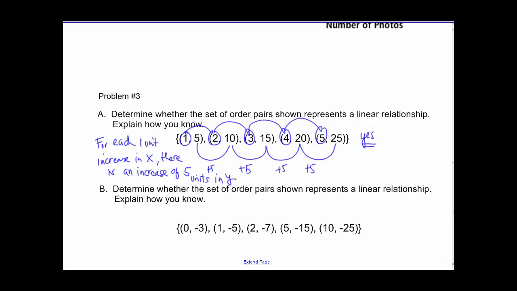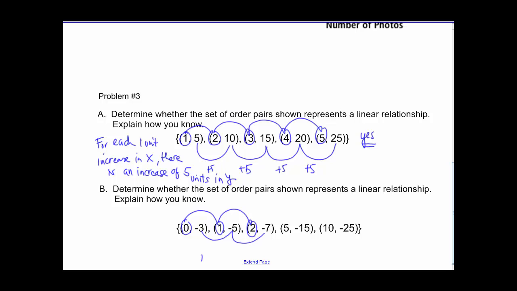Okay. So B, we want to do the same thing, determine if the set of points is linear. If we start with the x's again, we're going from 0 to 1 to 2, so the x unit is increasing by 1. We have negative 3 to negative 5, negative 5 to negative 7.